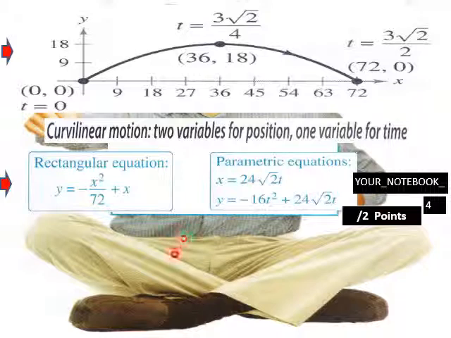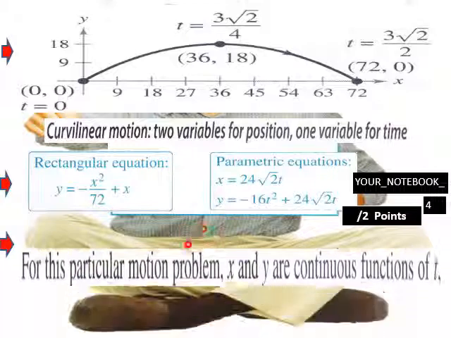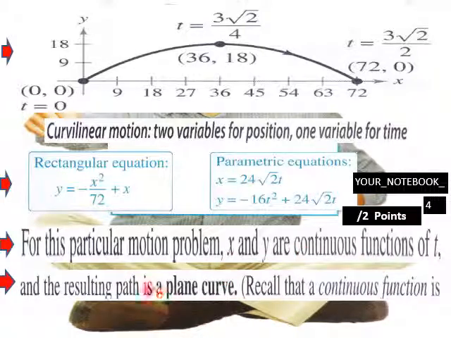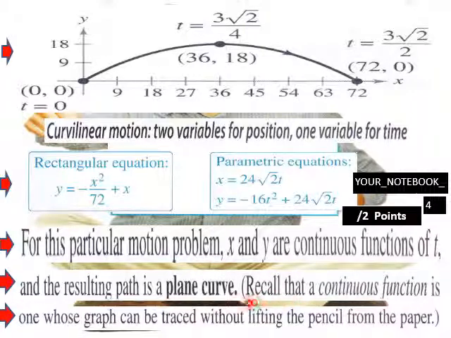So it can give us a negative as well as a positive time, if you can imagine that, where these curves come from and where they're going to go. For this particular motion problem, x and y are continuous functions of t, and the resulting path is a plane curve. Recall that a continuous function is one whose graph can be traced without lifting the pencil from the paper.